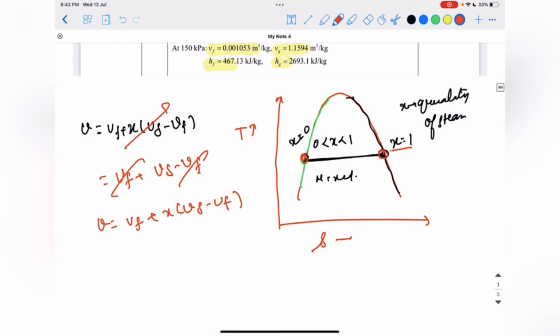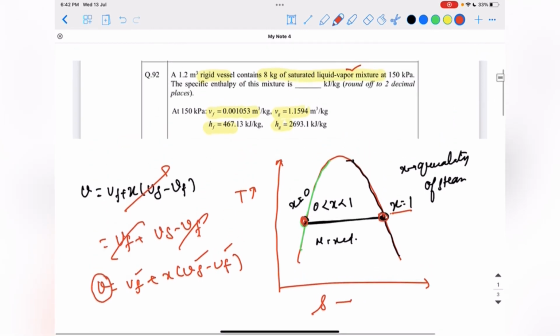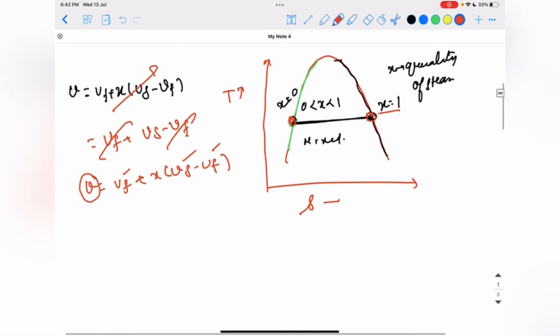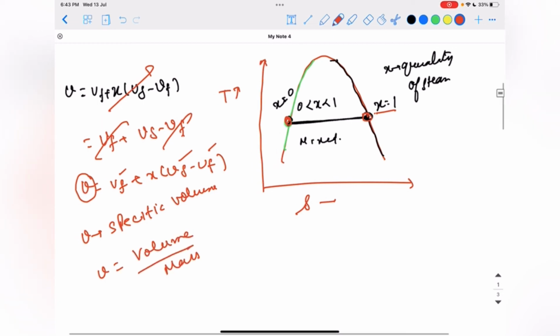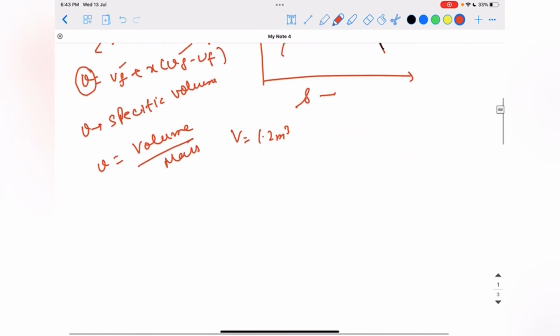Now we already have Vf and Vg values. I have to find V, which is specific volume, and specific volume is given by volume by mass. We already have the values of volume and mass, where V is 1.2 meter cube and M is 8 kg.